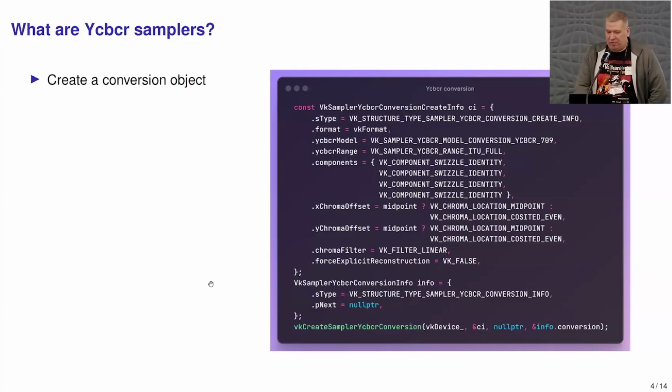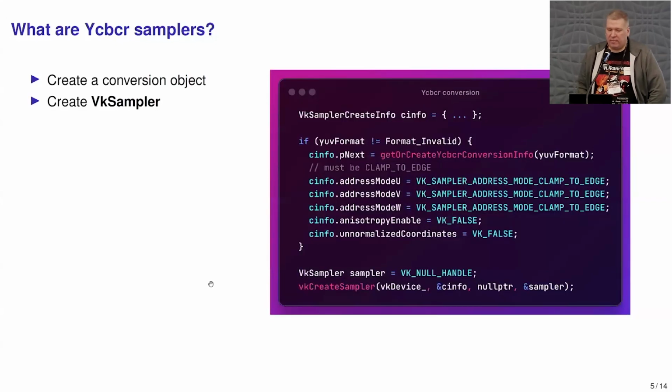Okay, we created this conversion object. Then we have to create a sampler. So we create a normal Vulkan sampler, and we provide this pNext pointer to chain together the conversion info object that we created earlier. And they are per format. We have to specify the specific YUV format, and can be different ones like NV12, NV21, and a plethora of those.